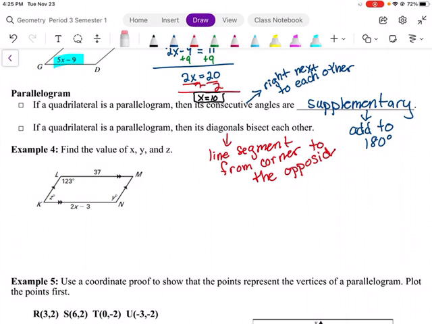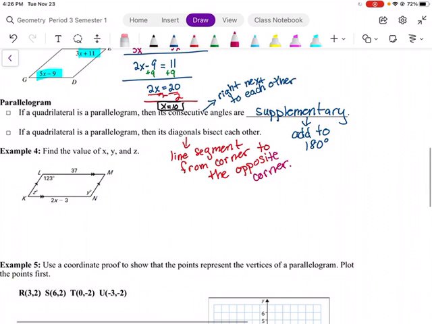Oh, I spelled opposite wrong. So if you had an example quadrilateral over here, a diagonal would be like this, cutting it diagonally in half. So that's what a diagonal is.